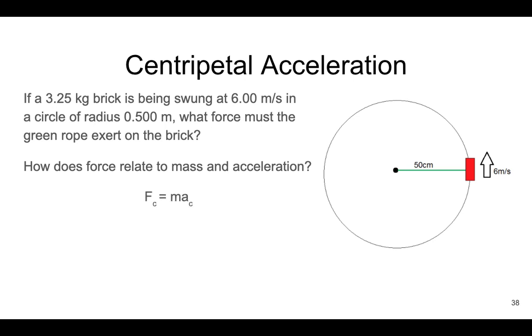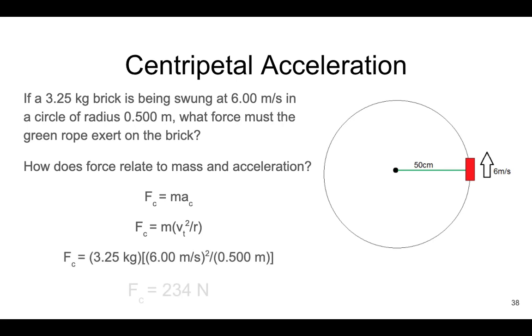That is F equals ma. In this case, we're talking about centripetal force, so F sub c is equal to m a sub c. So we'll use this equation. We'll just sub in the formula for a sub c, plug in the numbers, and you get a centripetal force of 234 newtons.